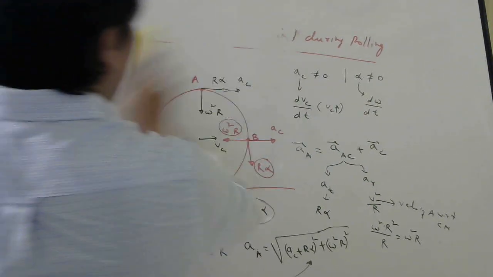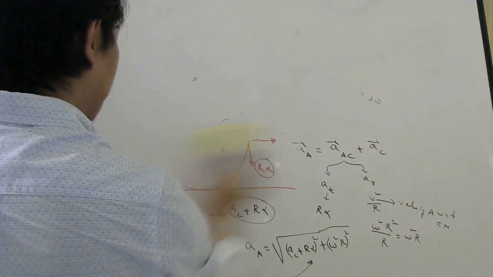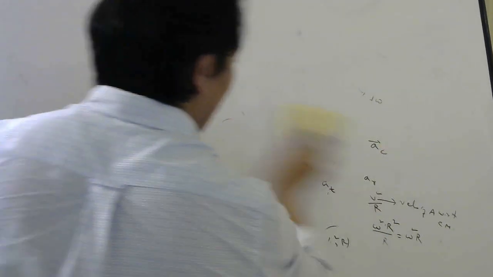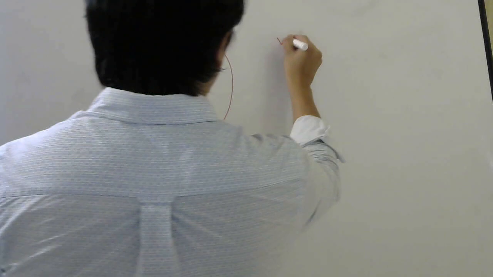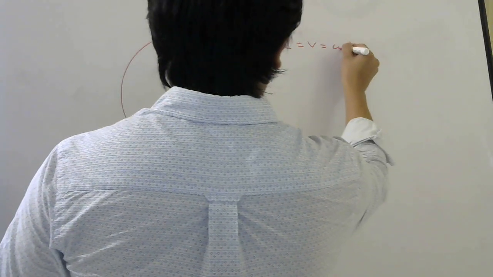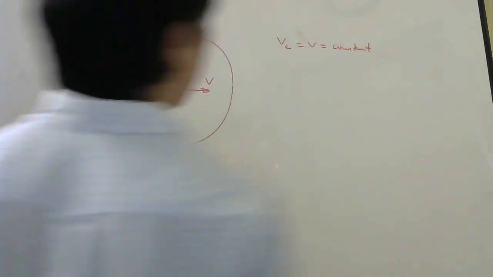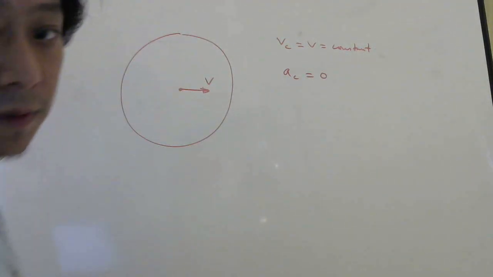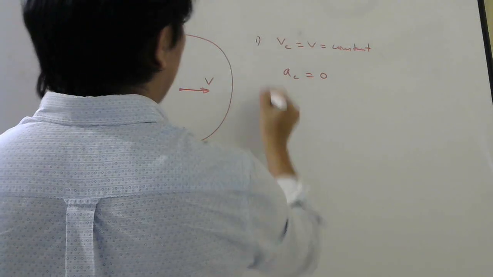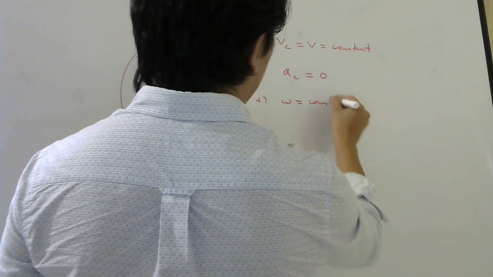Now the question that was given in the beginning, which I was telling, that was very simple, because there the cylinder was moving with uniform velocity and uniform angular velocity. So the question was, this point is moving with constant v. So Vc is given as v, which is constant. Okay, that means your AC will be directly 0, and omega is also constant.